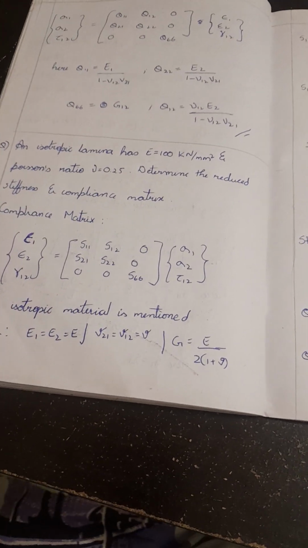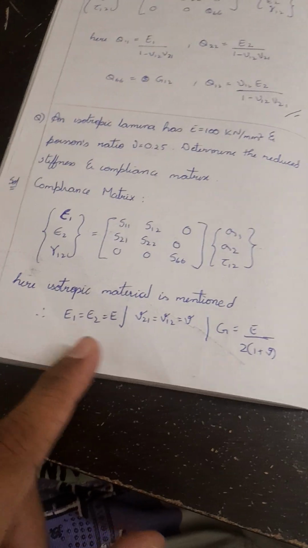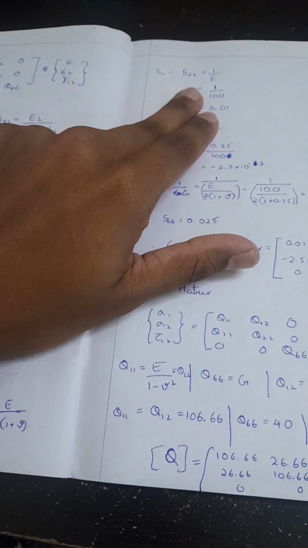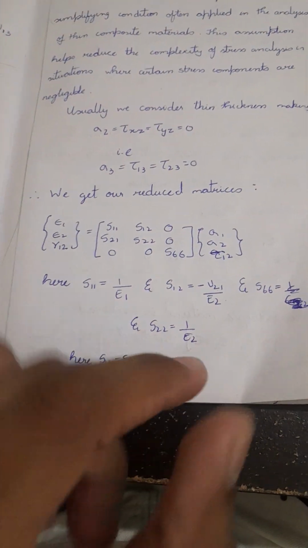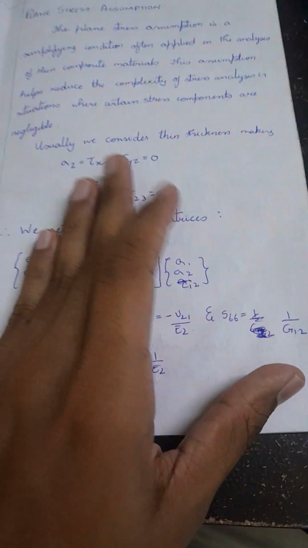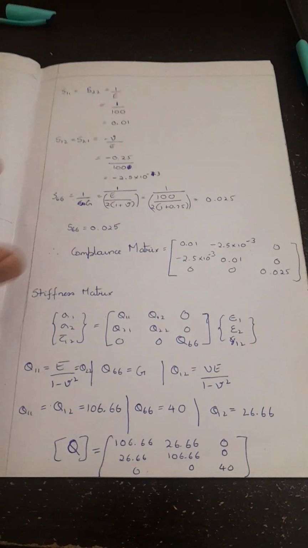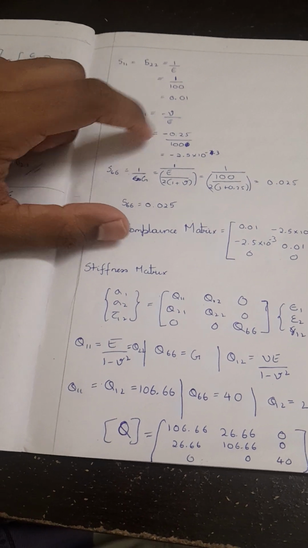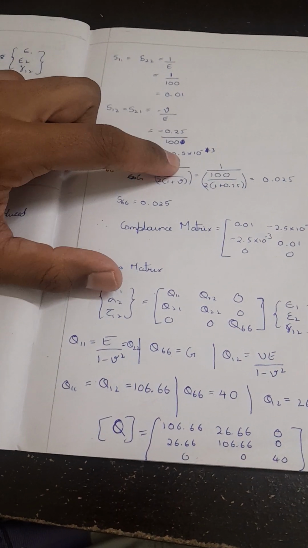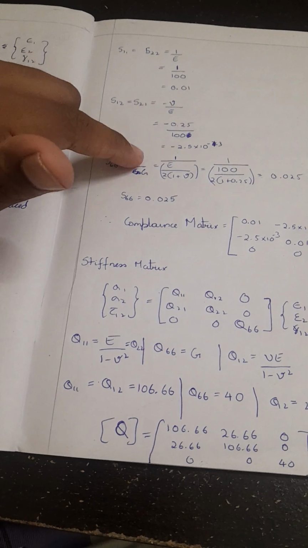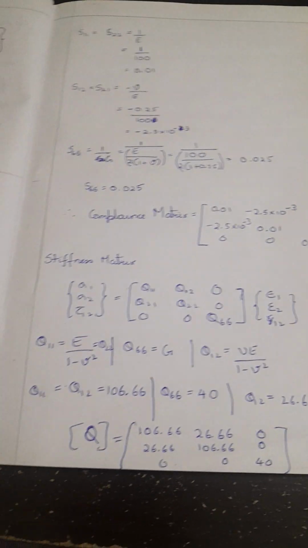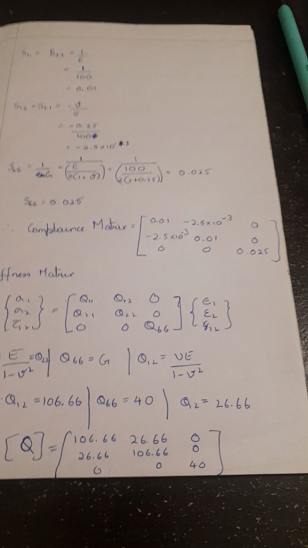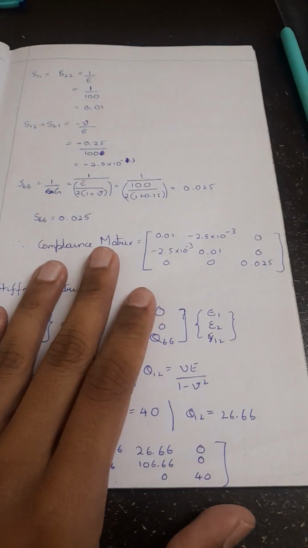E1 and E2 are the same as E because it's an isotropic material, and S11 and S22 are 1 by E, because based on the relation we've seen here, there's no E1 and E2, just 1 by E. So we will get a value for S11. Similarly, S12 and S21 correspond to minus V by E, so this is the value, and S66 is 1 by G, so this is the value. When we plug in the values at their respective positions, we get the compliance matrix.